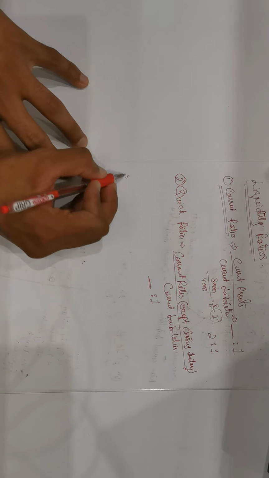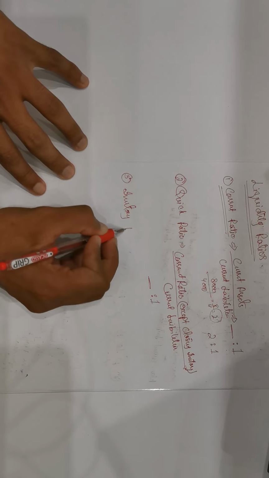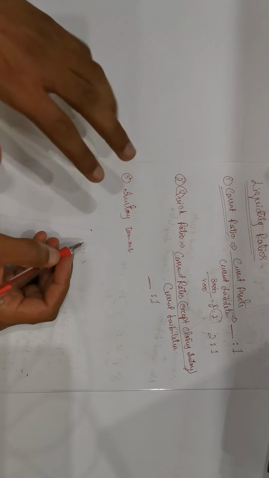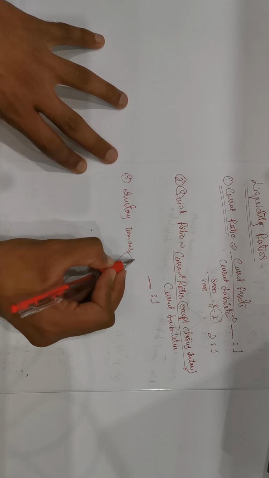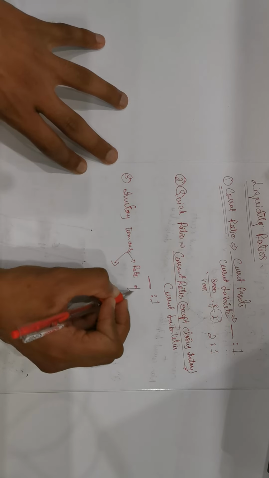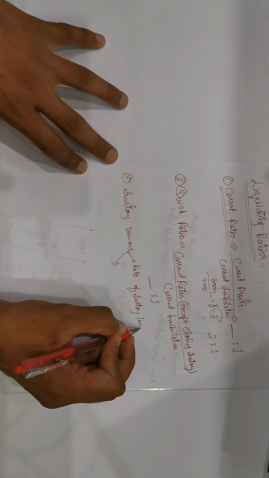After that, the third one, we have inventory turnover. Now there are two formulas for this. One is rate of inventory turnover.